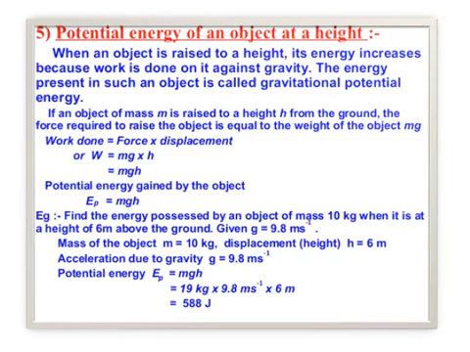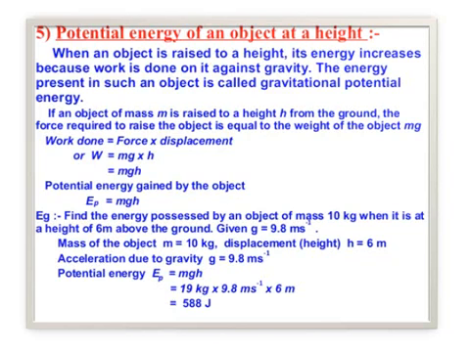The energy present in such an object is called gravitational potential energy. If an object of mass m is raised to a height h from the ground, the force required to raise the object is equal to the weight of the object, which is nothing but mg. So force is equal to mg.